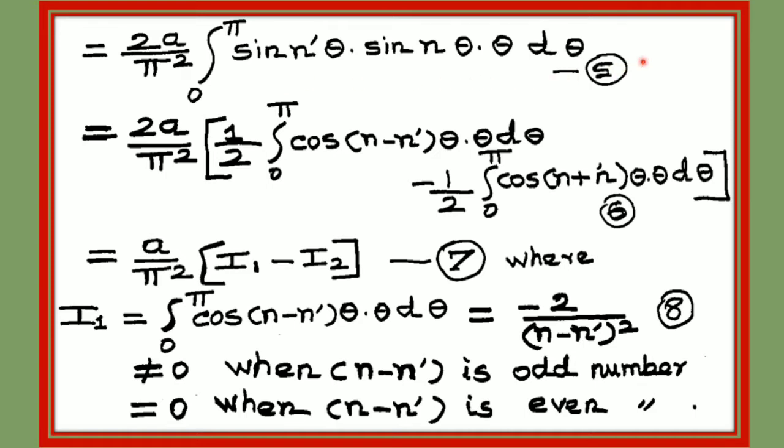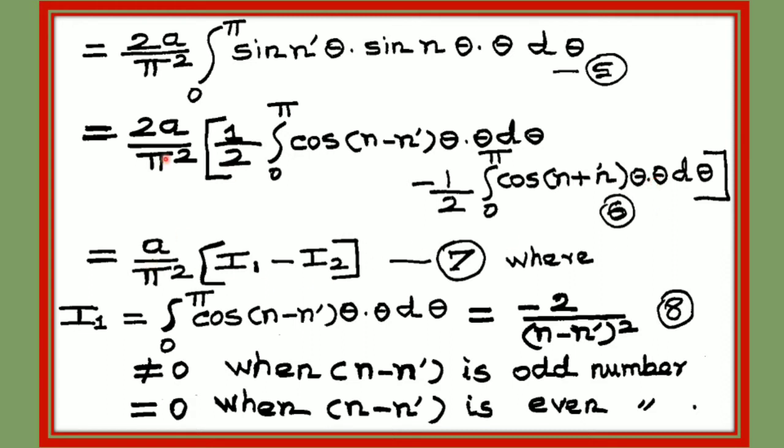From the above, equation 5 is obtained by using the trigonometric formula for this integral, sin n prime theta into sin n theta into theta d theta. It can be written as 1 by 2 integral 0 to pi cos (n minus n prime) theta into theta d theta minus the same with n plus n prime.